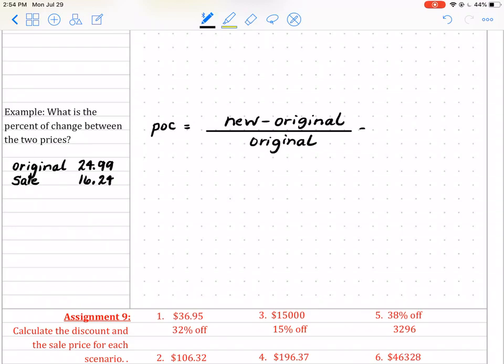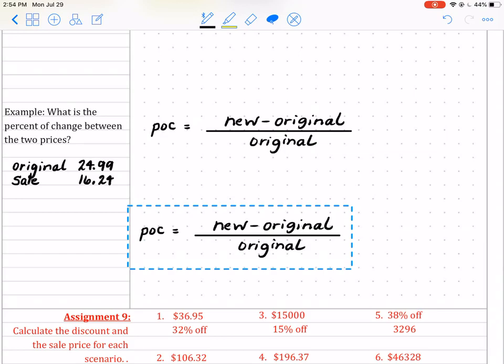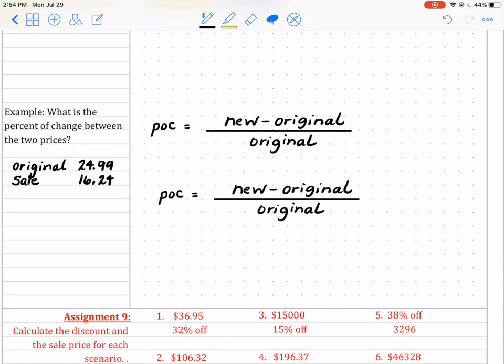So here's the formula again. New minus original would be $16.24 minus $24.99 over original.